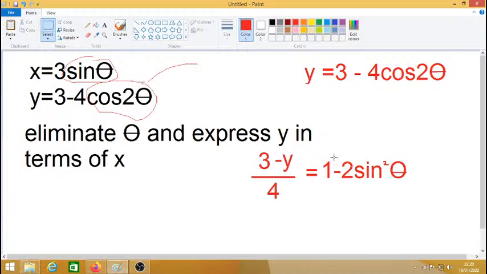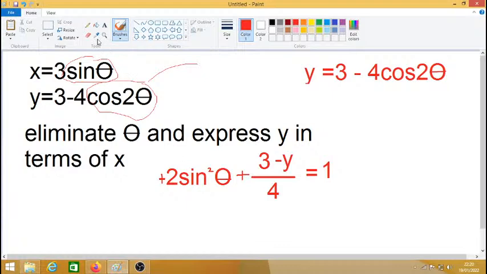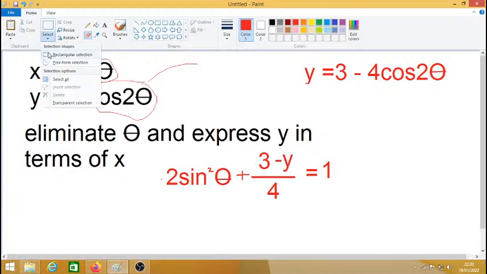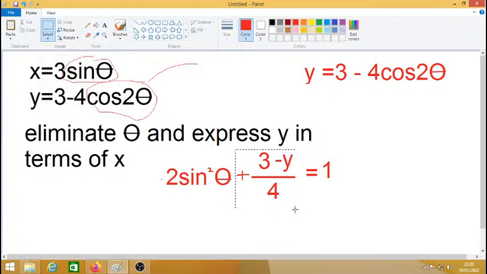So let's do it a different way now. Minus 2 sine squared theta can come to the other side as a plus. And that's a plus in between here. I can get rid of the plus at the beginning. That's not necessary anymore. And then we can take the fraction 3 minus y over 4 to the other side. That'll become a minus.